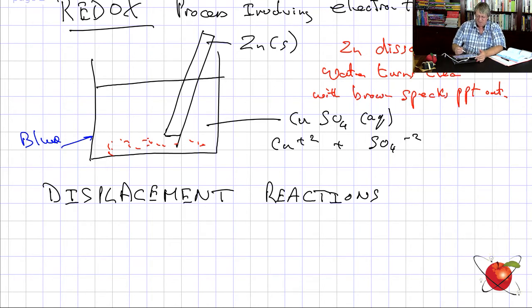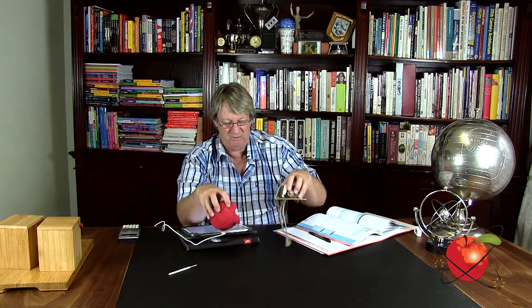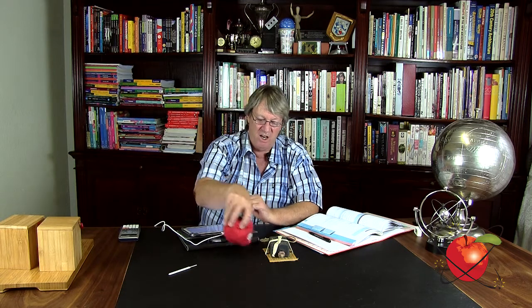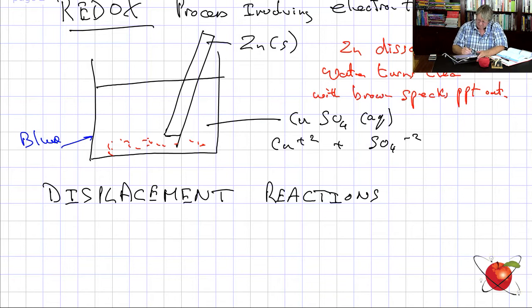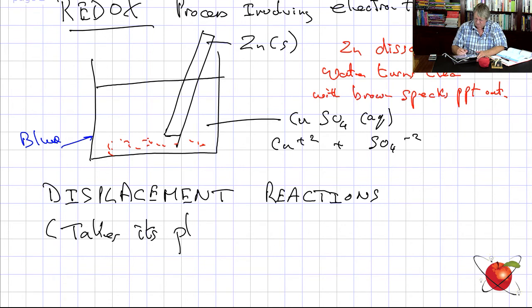It means that the zinc took the place of the copper. It displaced it. What does that mean? Just look at this. Here's my soap on a rope, right? No, it's not used. This thing comes along and knocks it out. It takes its place. Displacement means takes its place, right?